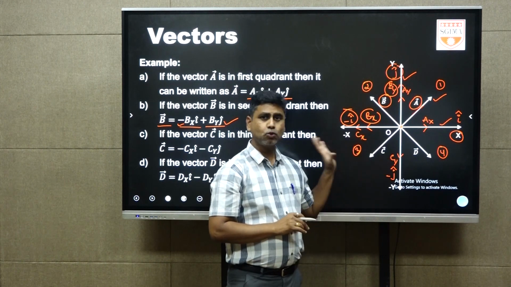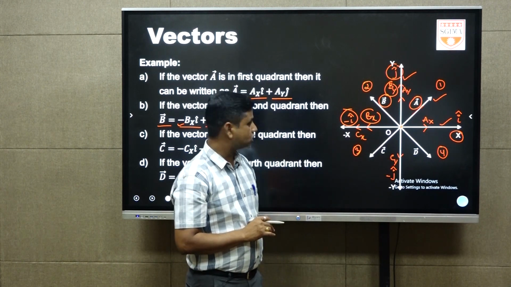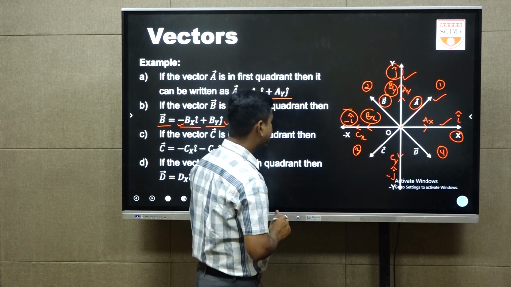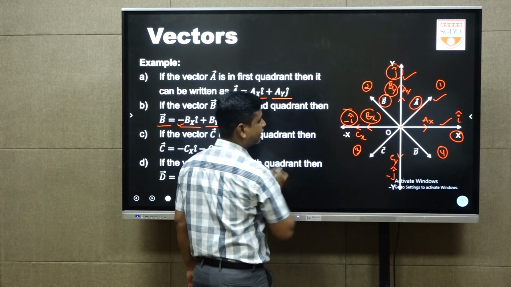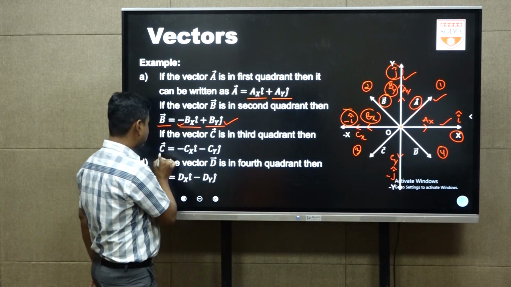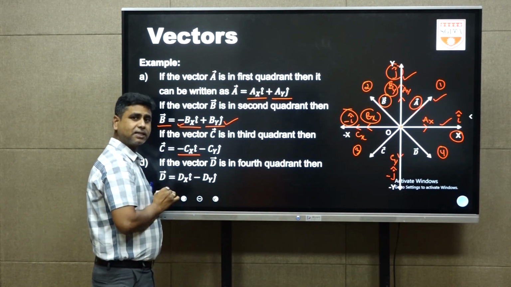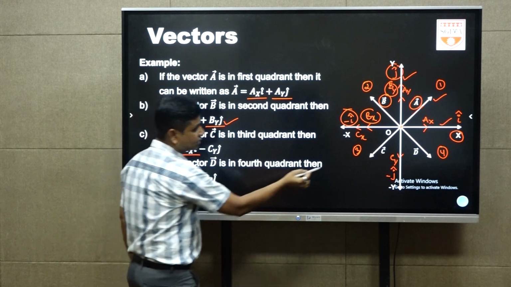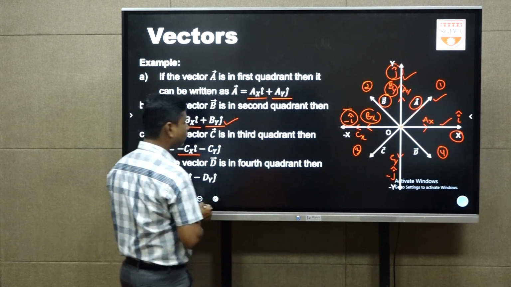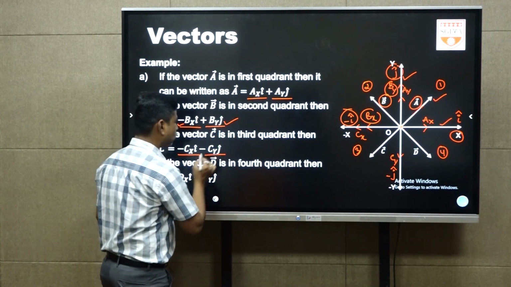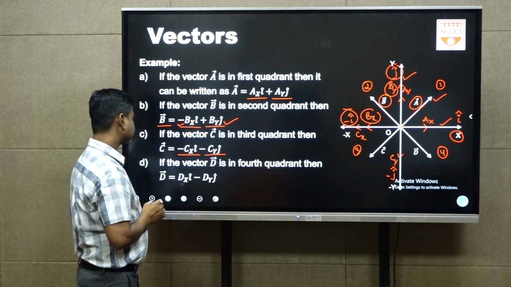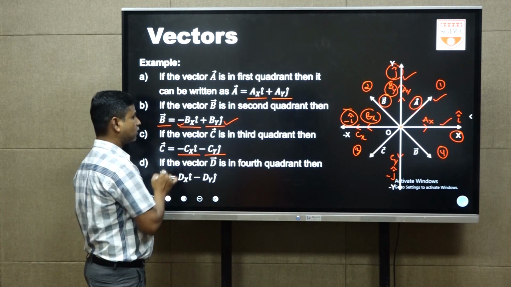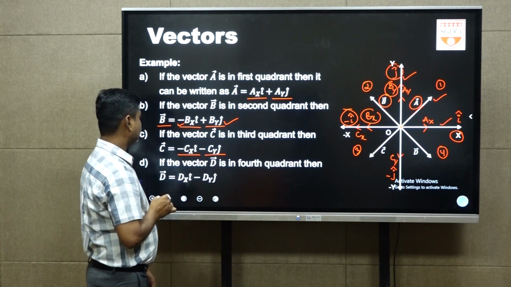These two are perpendicular to each other. Then Cx is acting along the negative x direction, that's why C bar equal to minus Cx i cap. Cy is acting along the negative y direction, so there you write minus Cy j cap. It is the vector form for C bar.